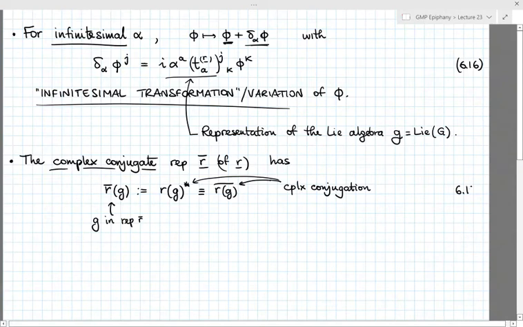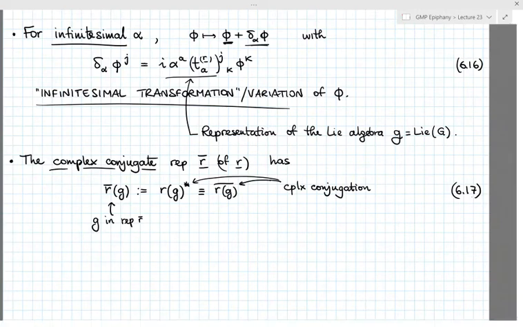This is 6.17. So given a representation, we can complex conjugate it by complex conjugating the matrices which define the representation.